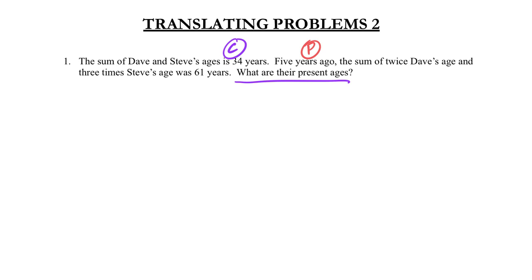Now, I want to walk through one way to solve these. By no means am I saying that this is the only way to solve it, not at all. But I do think that this is the way to solve the problem that requires the least amount of memorization. It gives you the greatest ability to stumble.